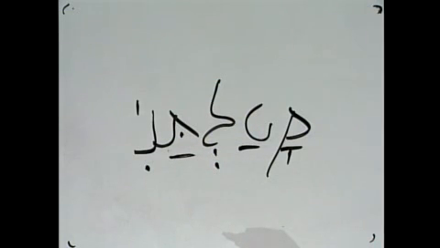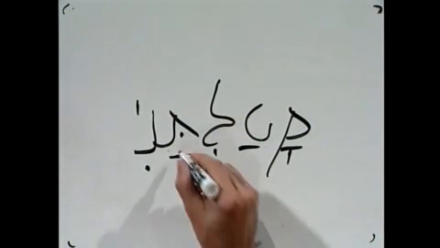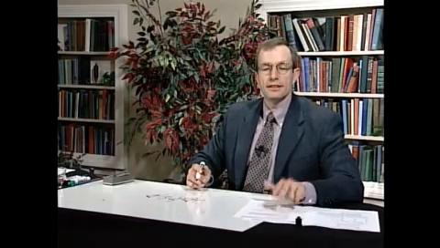So there you go. That's what you want to do. You could argue that this is the original vowel. That's fine. But for purposes of learning, you might just want to say the connecting vowel simply replaces the qamets. If you do that, I think it's going to be easier for you.